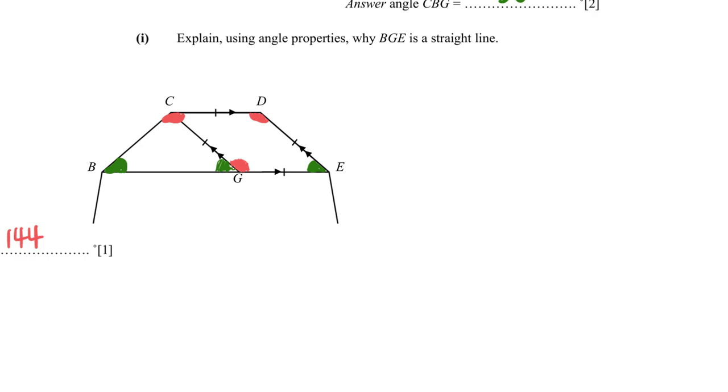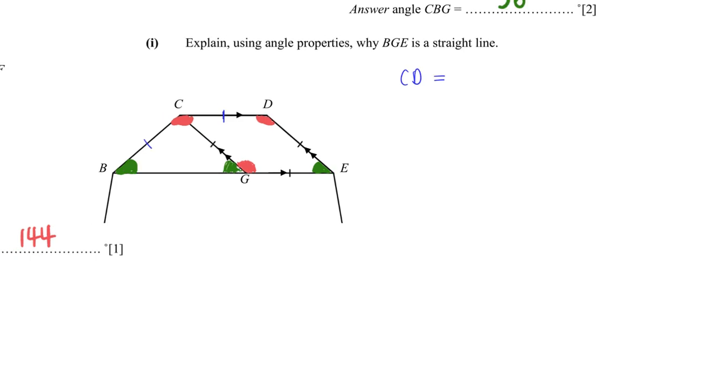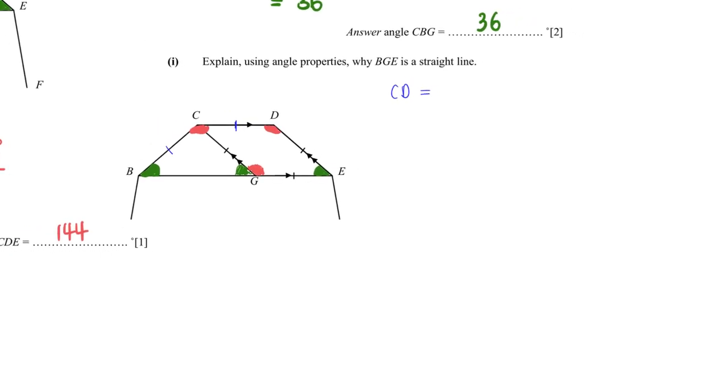Okay, so something to take note of is that CD and BC, they are equal. Okay, we write my CD is equals to my BC because they are the sides of a regular polygon.